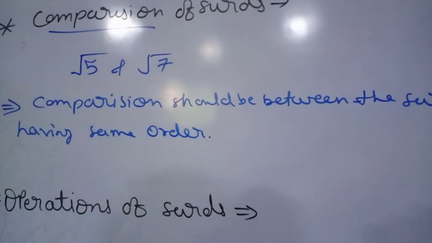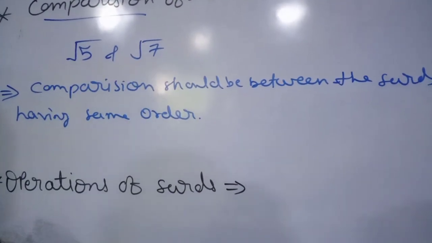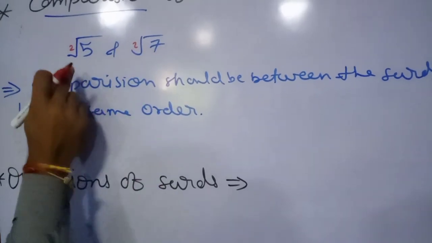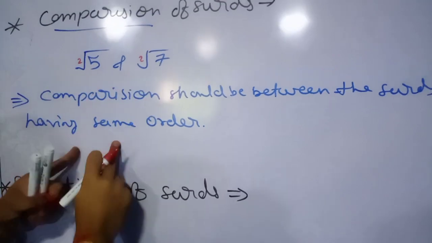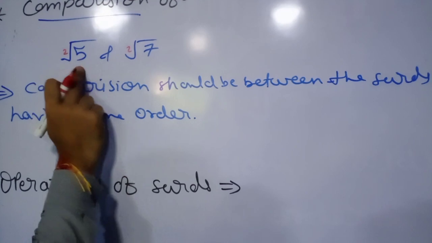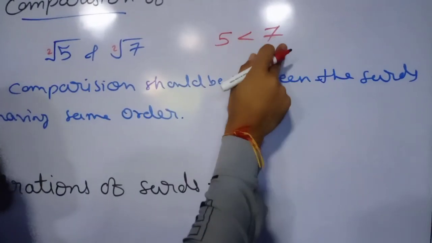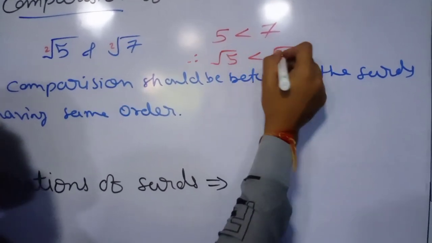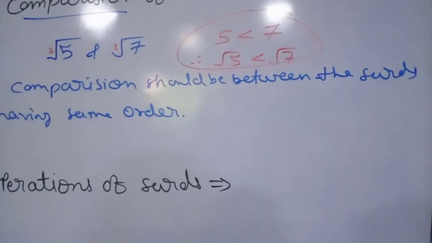Here we have root 5 and root 7. The order of root 5 is 2 and the order of root 7 is 2. Whenever the orders are equal, we do the comparison according to the radicands. If the radicand is smaller than the second one, we can say root 5 is smaller than root 7.